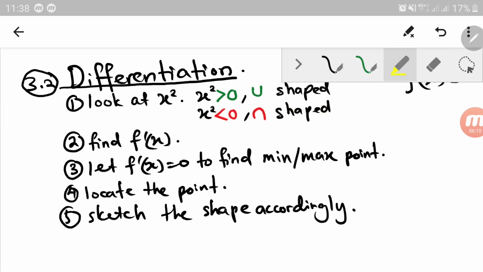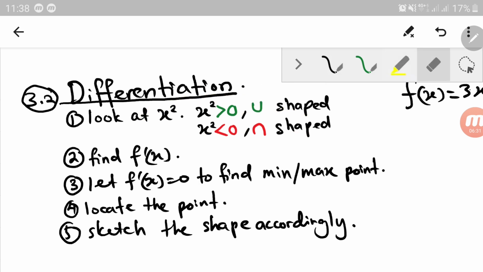Next, find the f prime, the differentiation. After that, we let it be 0 to find the minimum or maximum point. Because at the first step, we already know what point we are expecting.